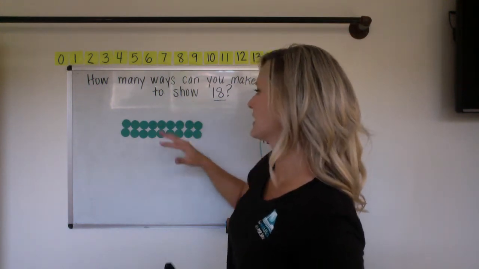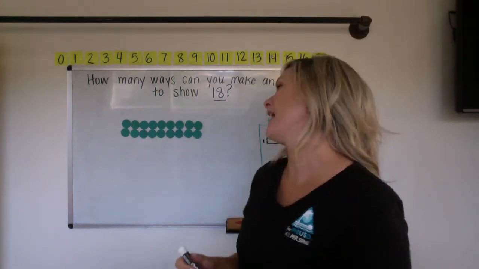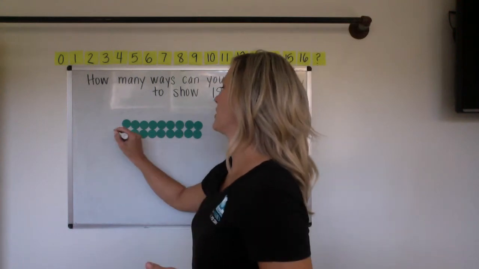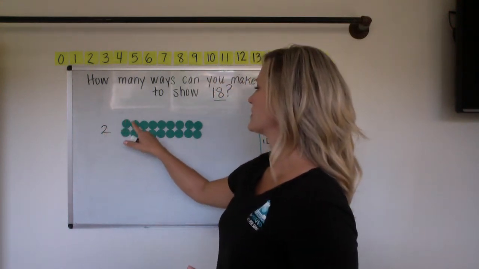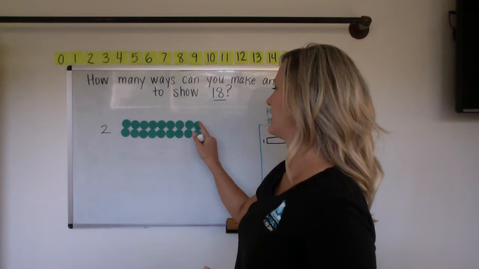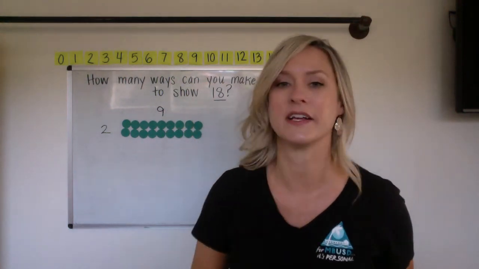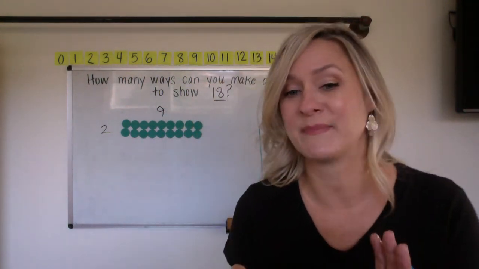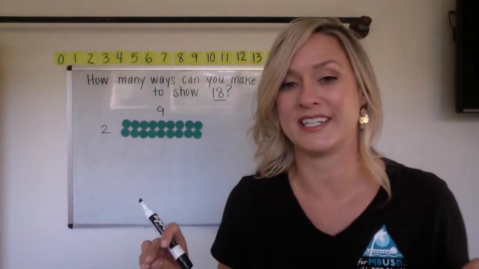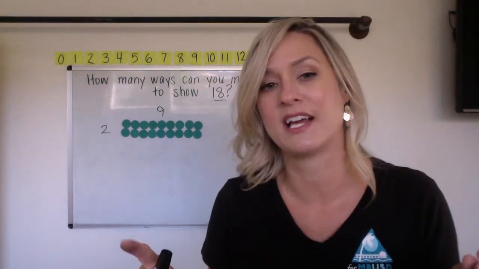I still have 18 circles. I didn't change any of that. But now I have 2 rows of 9. So that means that 2 and 9 are also factors of 18.